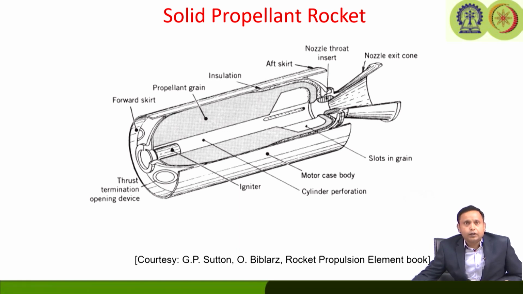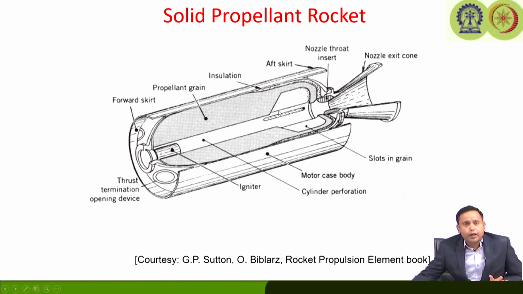As we said, the propellant grain is the shaped mass which is cured from the ingredients. The propellant ingredients basically contain the fuel, oxidizer, binder, and of course, several other ingredients. We will talk about those ingredients after this module. Now, categorically, the grain can be placed directly into the motor.